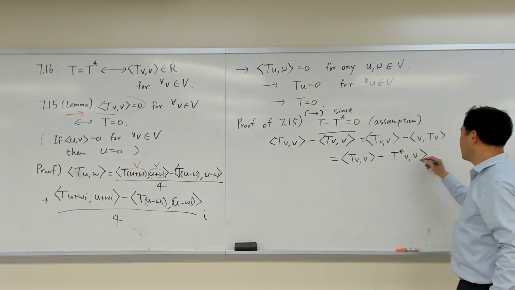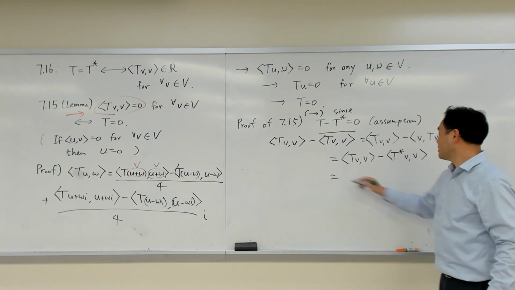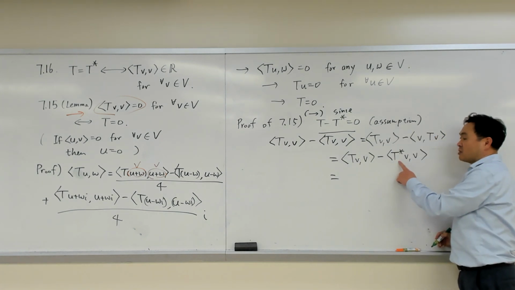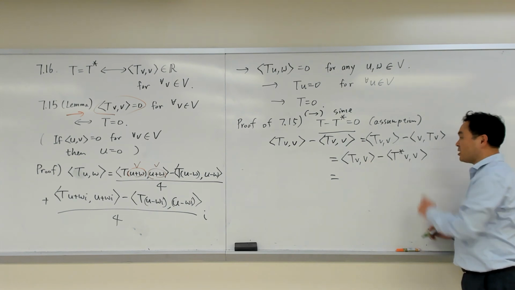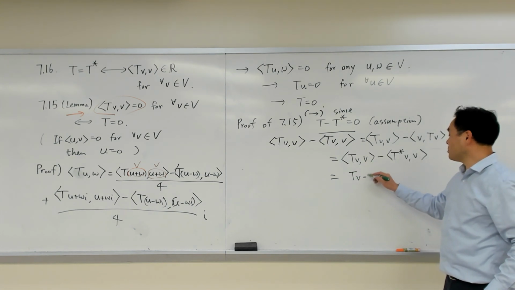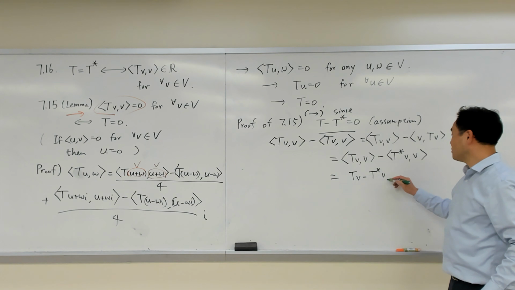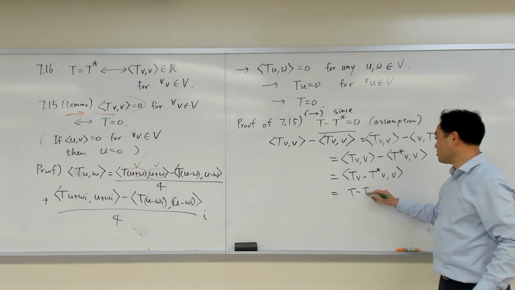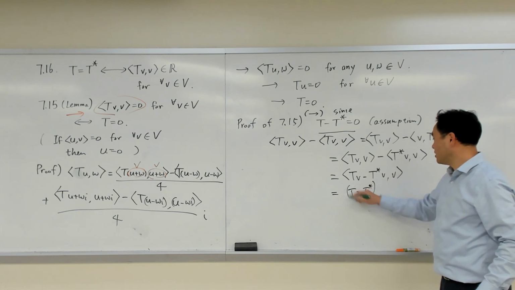And then because the first argument is linear with the same v, we end up with TVV minus T star VV, which is the same as (T minus T star) of VV.